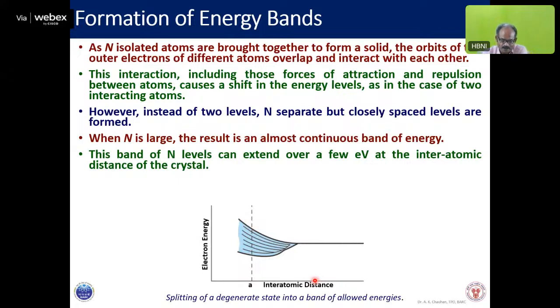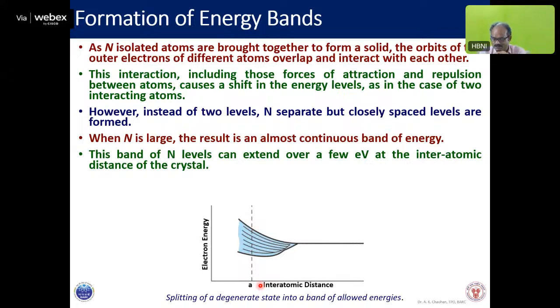So this band of n levels can extend over a few electron volts at the interatomic distance of a crystal. Interatomic distance is a few angstrom, which is decided by the size of your atom, what kind of atom you are using, and how closely they are packed.